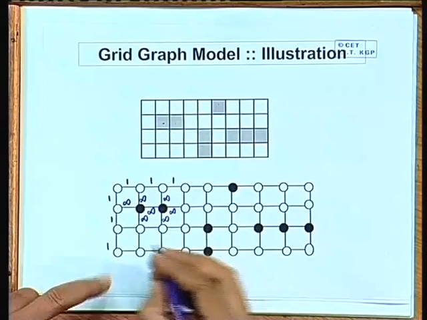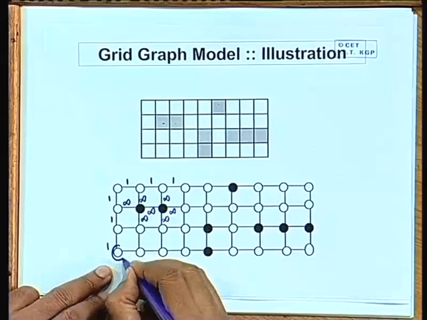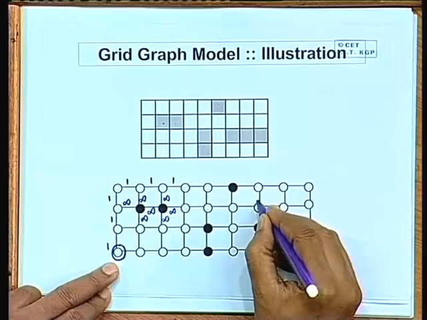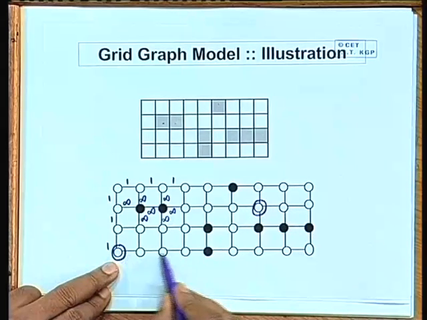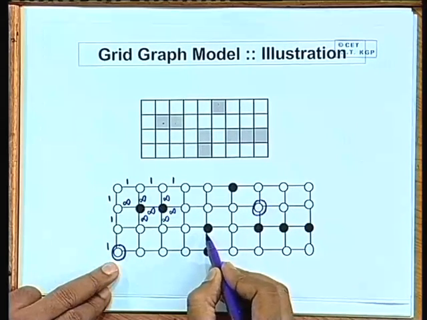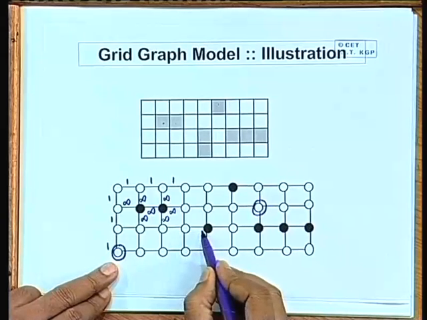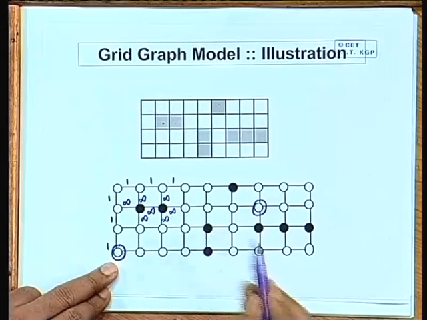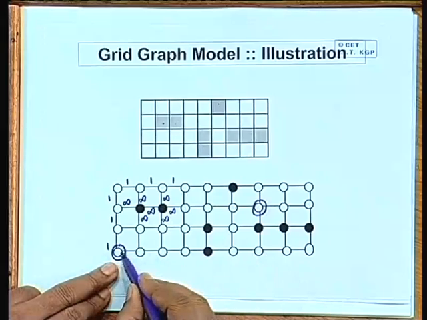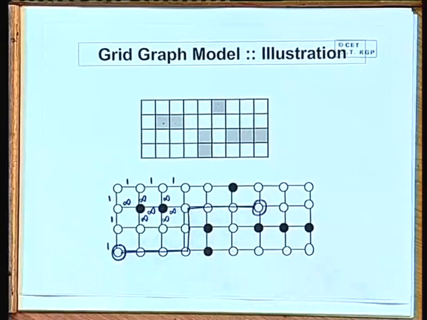So, if you do that, then for example, if you want to connect from this source to this target, it will find a path avoiding the dark cells, because all the weights there are infinite in value. So, it will possibly find a path like this.